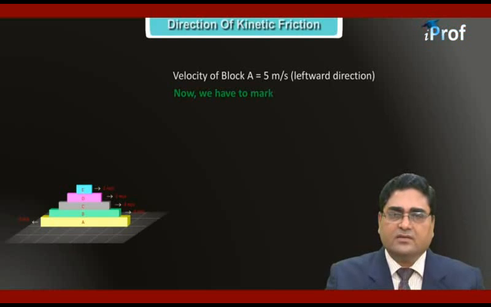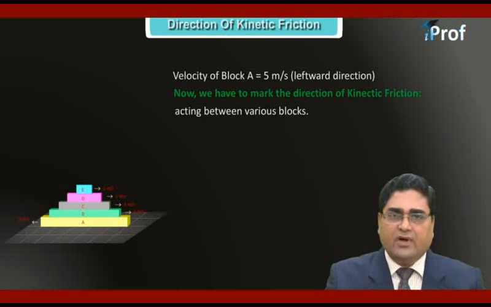Now we have to mark the direction of kinetic friction acting between various blocks. As I have already told you, the direction of kinetic friction always remains so that it opposes the change in relative motion.